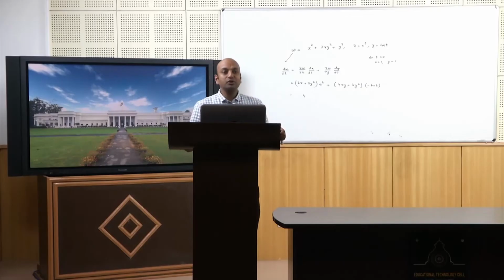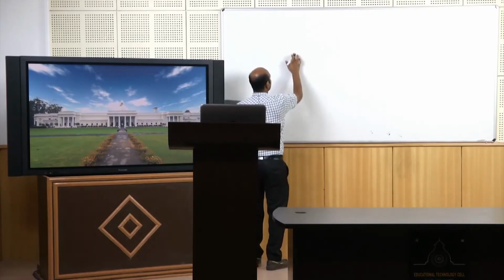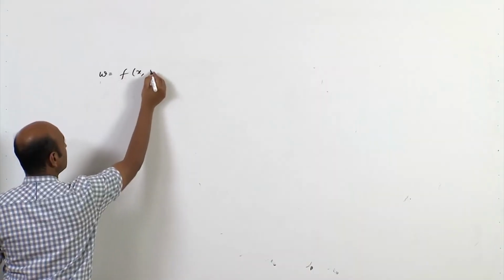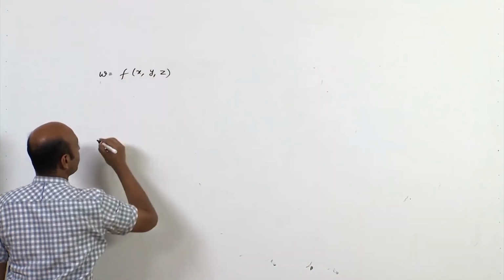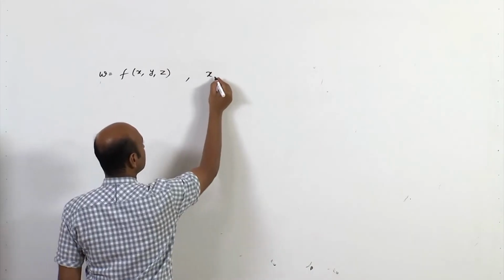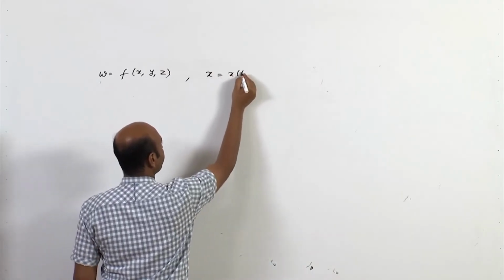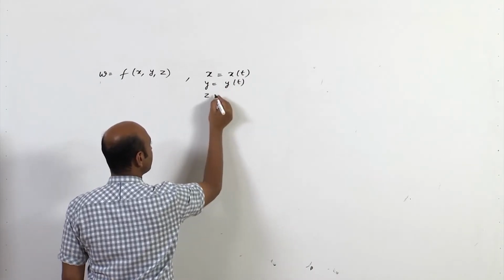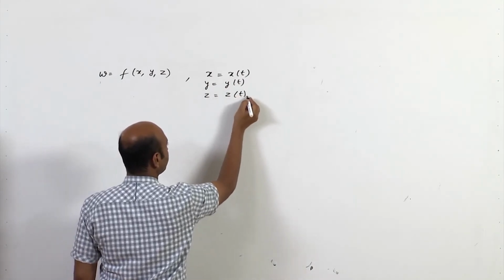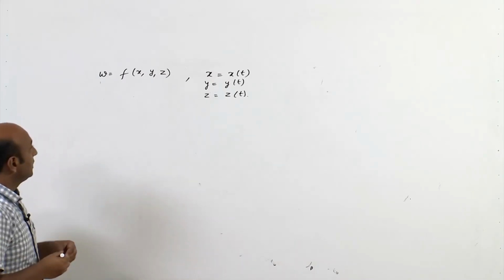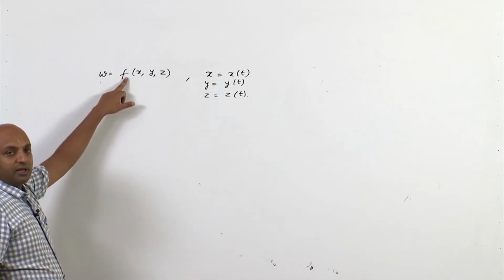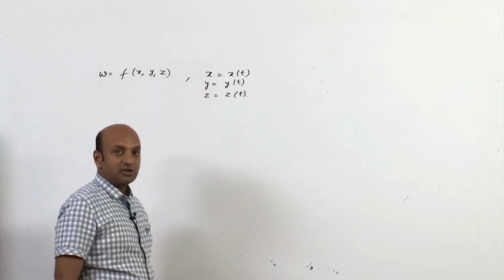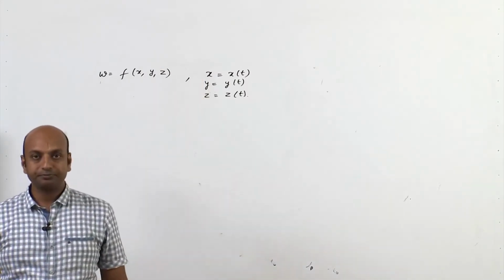Now, come to functions of 3 variables. Suppose w is a function of 3 independent variables x, y, z, and x is a function of t, y is a function of t, and z is a function of t. Again, suppose that f is a differentiable function of x, y, and z, and x, y, z are differentiable functions of t.